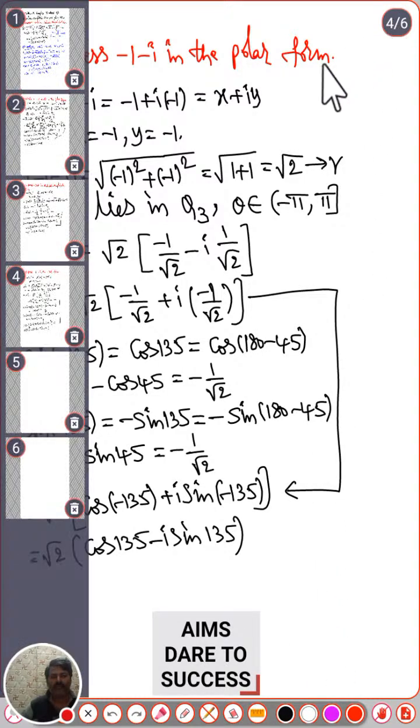Now I am taking one more question. Express minus 1 minus i root 3 in the modulus amplitude form.